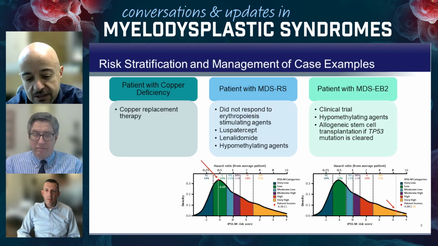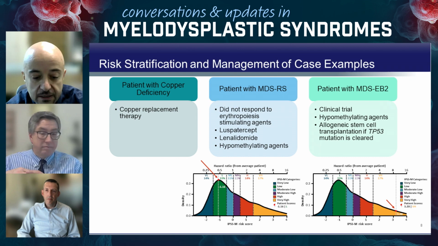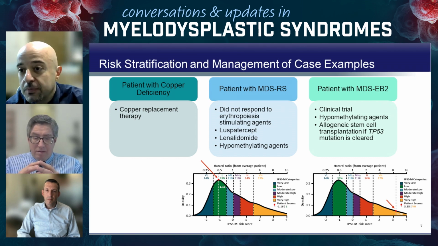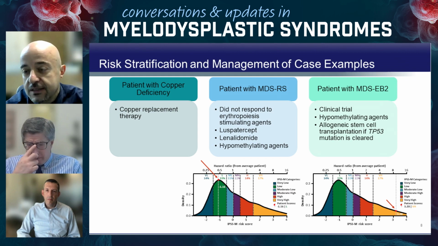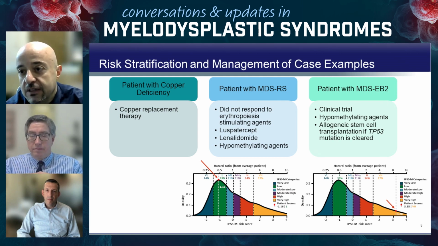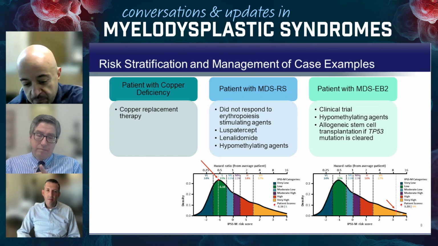So I think those cases just highlight the diversity of the disease that we see and the heterogeneity, and that the clinical phenotype sometimes could be looking similar. There are diseases that mimic MDS, and even in the MDS, obviously the spectrum is large from somebody with lower risk disease to a higher risk disease.